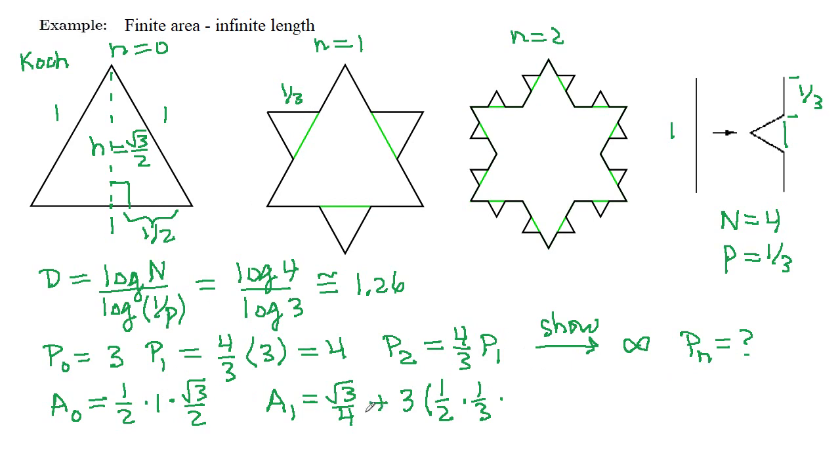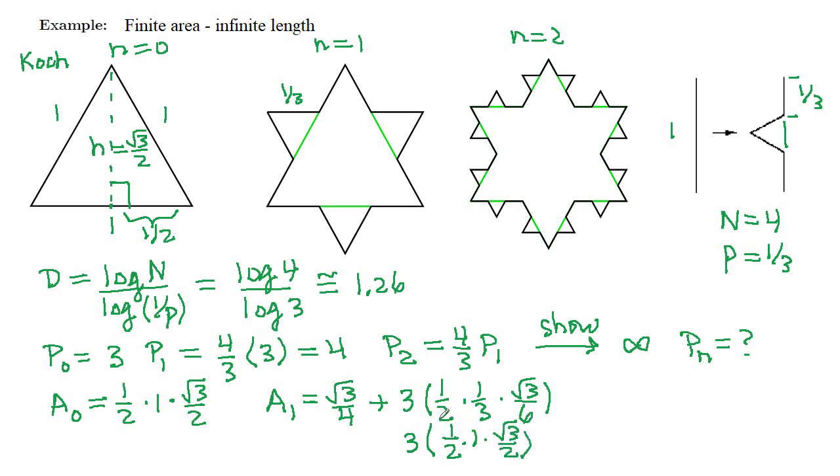And then our new height, instead of √3/2, is going to be √3/6. So I took the height and multiplied by 1/3. Notice that this is just 3 times our original 1/2 times 1 times √3/2.